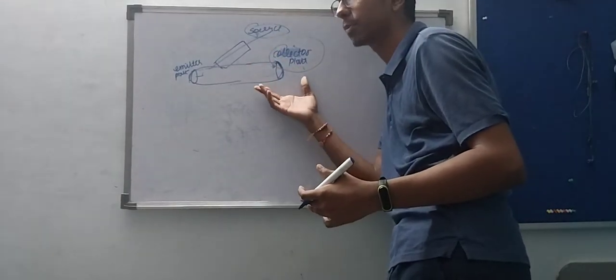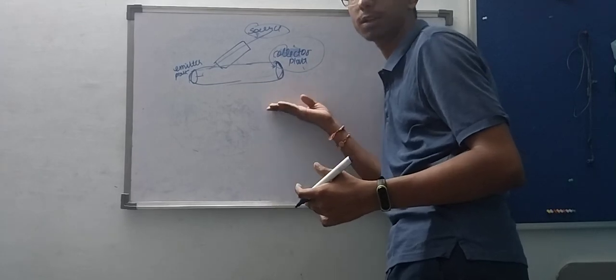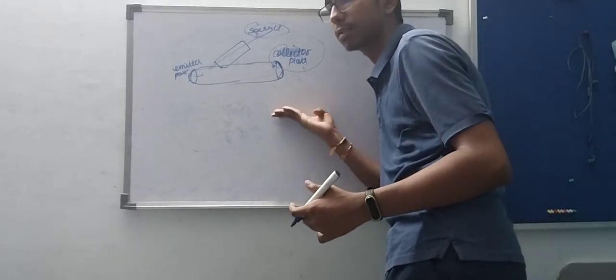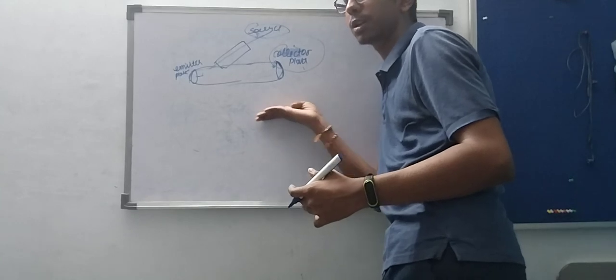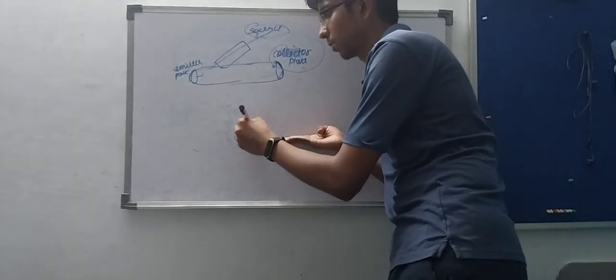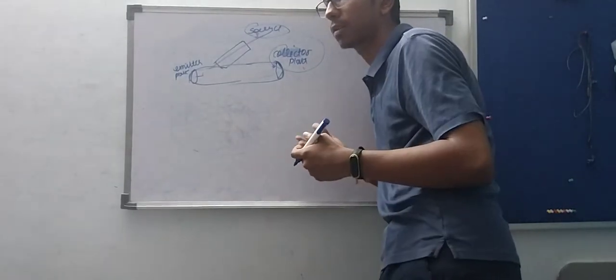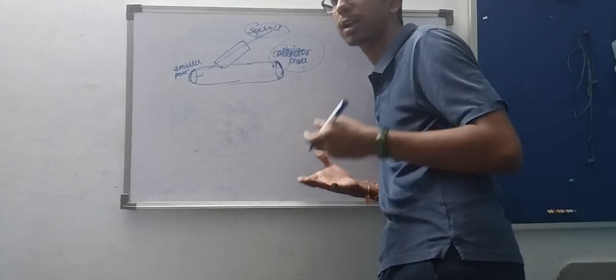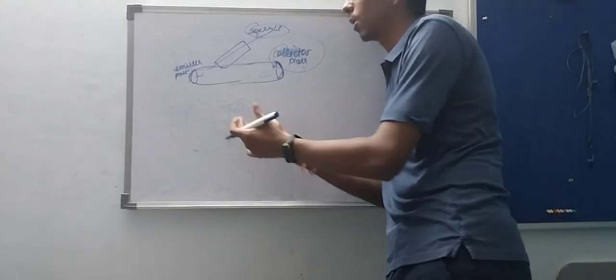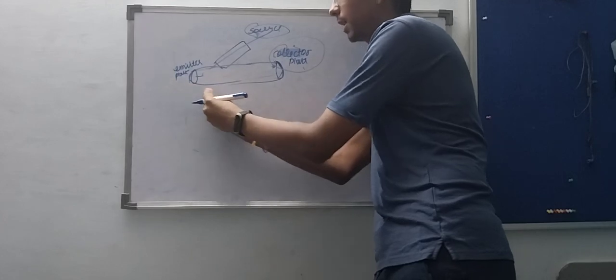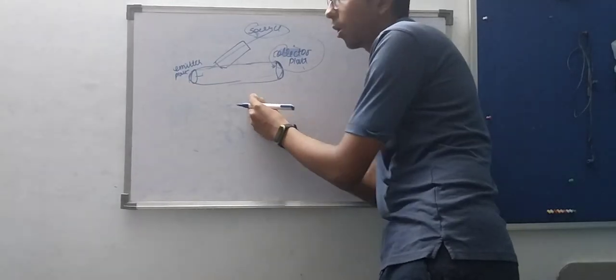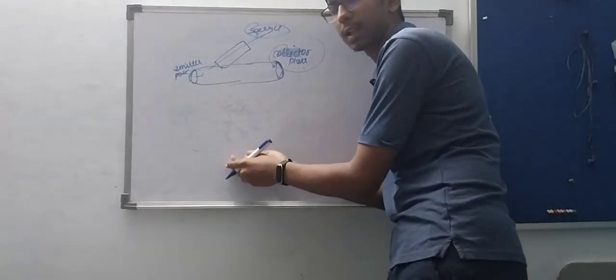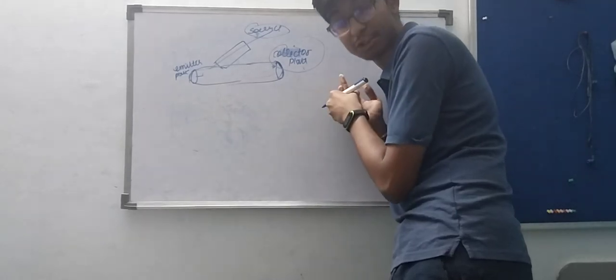When you increase the potential, the photocurrent was increasing, but only up to a certain maxima point. That maxima point is called the saturation current, and at this point all the electrons from the emitter plate are reaching the collector plate. All of them, not a single one is left behind.